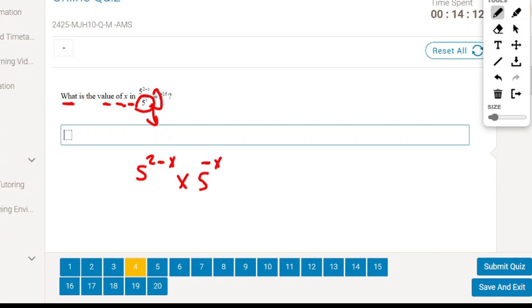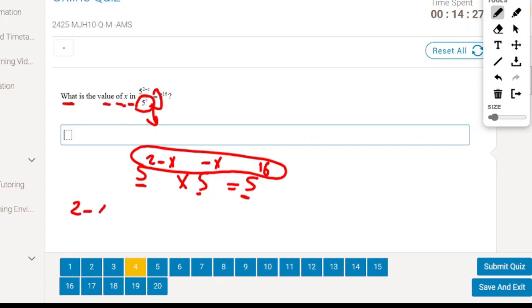We change the power from positive to negative when flipping. It will be equal to 5 to the power of 16. We have the same base here, so we take the powers together: 2 minus x plus minus x equals 16.